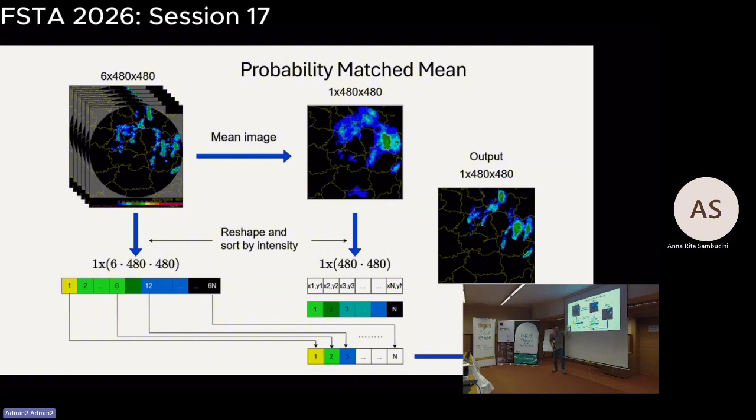Then we convert both to vector format and sort them from higher intensity to lower. This is 6 times larger than this. The next step is we pick the highest pixel of this and change its value to the first one of here.